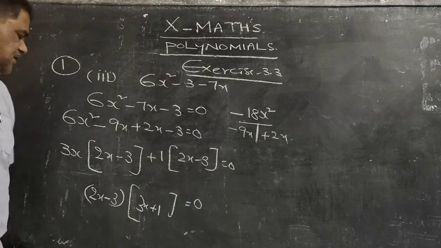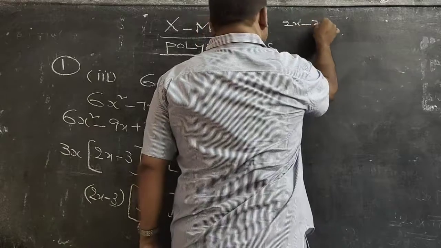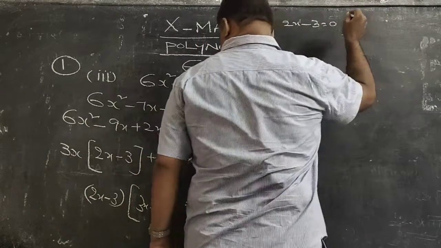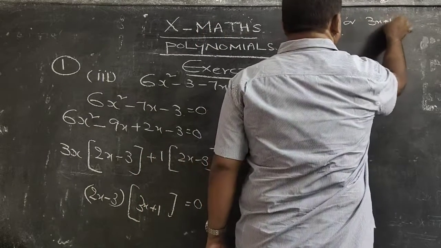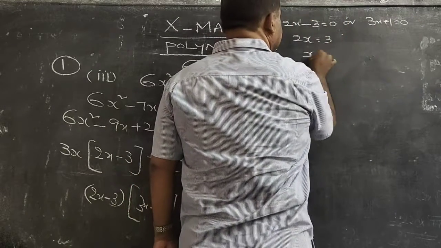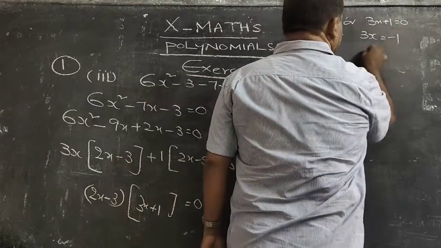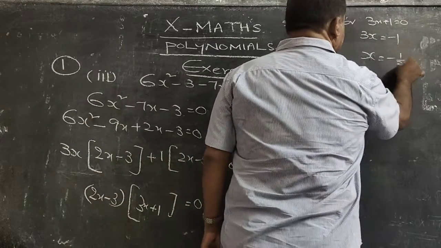Product of two numbers is 0, so either the first one is 0, that is 2x minus 3 is 0, or the second one is 0, 3x plus 1 is 0. Here 2x is equal to 3, x value is 3 by 2. Here 3x is minus 1, x value is minus 1 by 3.